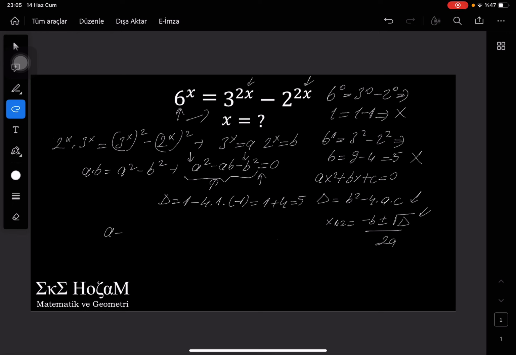A minus the negative of the middle term, which is plus 1 plus square root of discriminant, which is 5, over 2a.